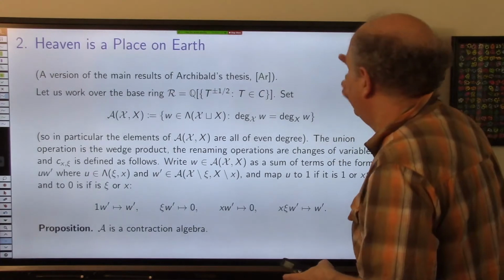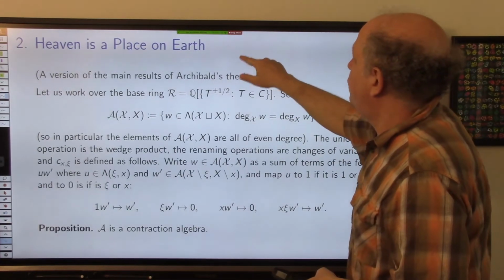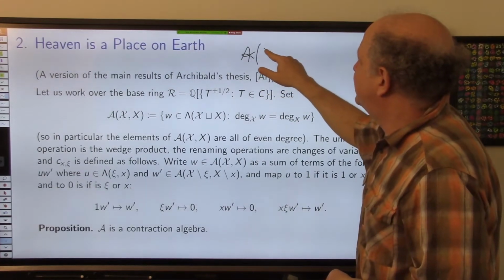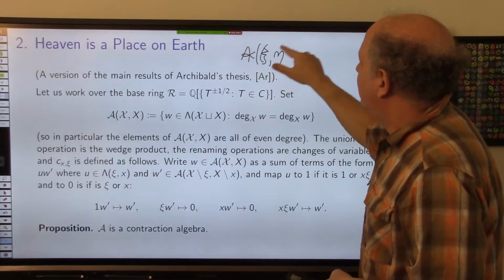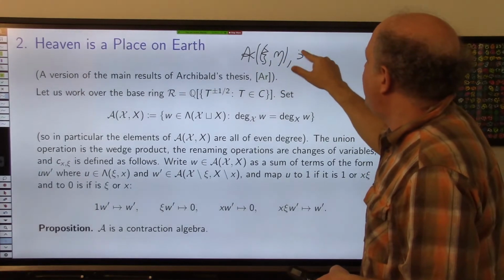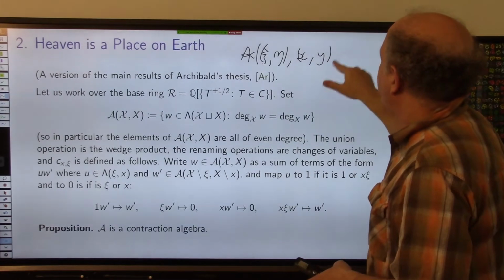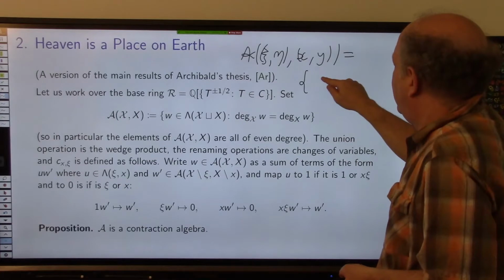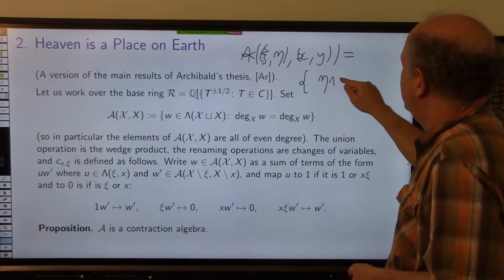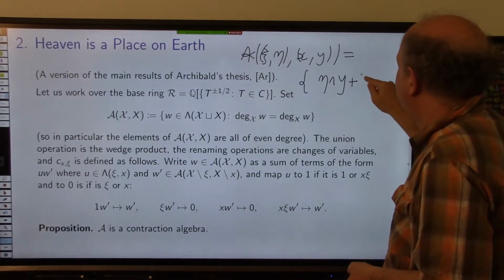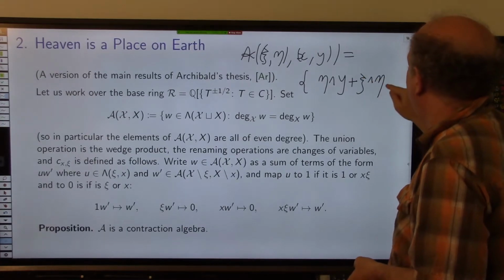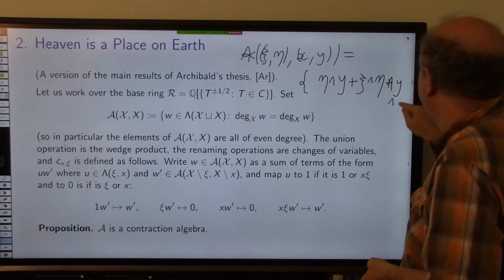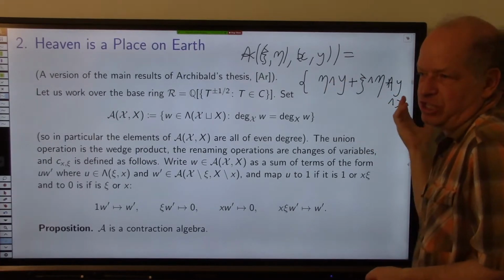So for example, if you're looking at A of psi and eta and x and y, then a typical element will look like eta wedge y plus psi wedge eta plus, wedge y wedge x, maybe with some coefficients.